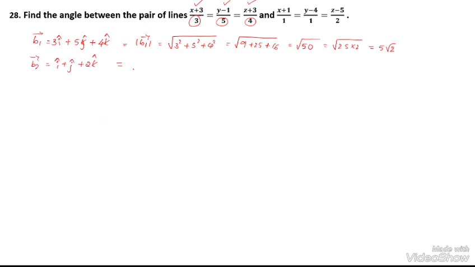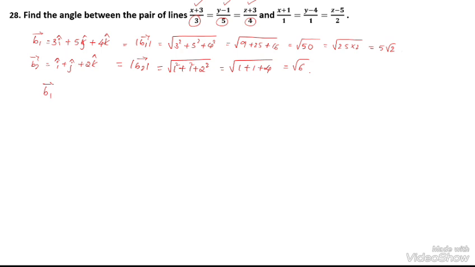Next for B2, the magnitude of the second line vector B2 is root of 1 plus 1 plus 2 square. Here 1 square, then the values are 1 plus 1 plus 4. Then it is root 6. Okay, then the angle.